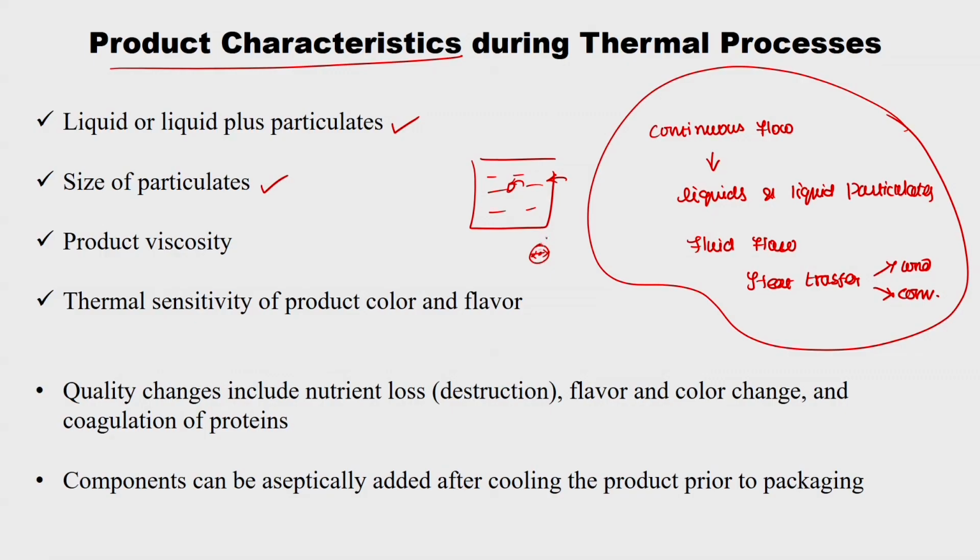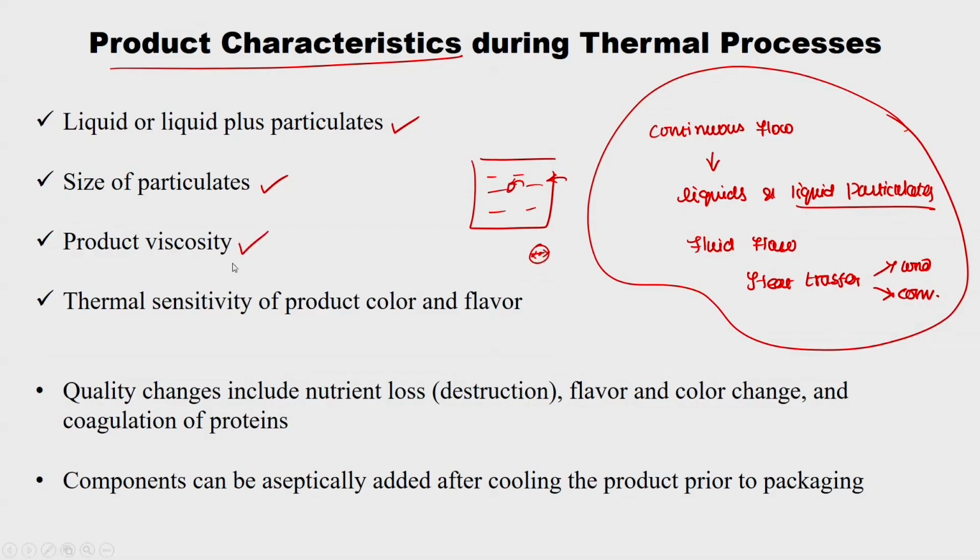That is what our aim is. In between, heat has to face many resistances before reaching the geometric center of the particle, and we told the particles may be of various sizes. In the bigger particle the resistance would be more, so in the bigger particle's geometric center your sterilization temperature should be maintained.